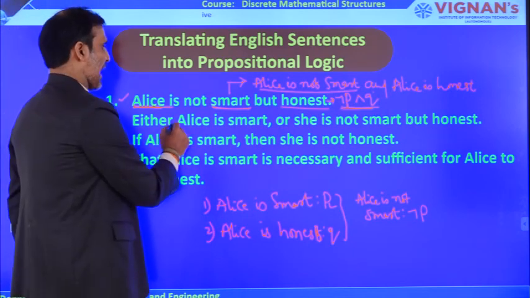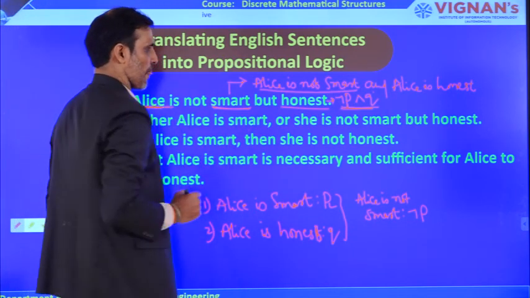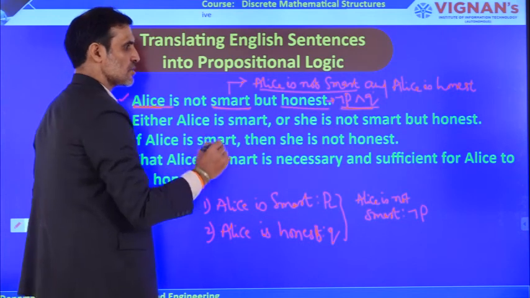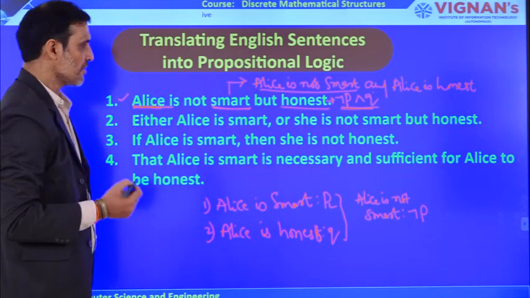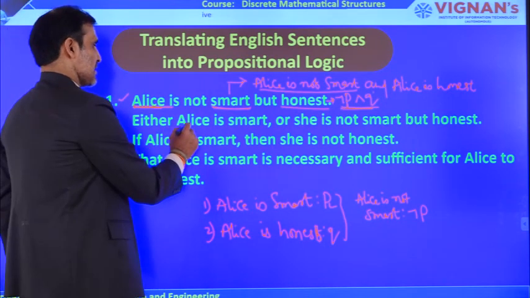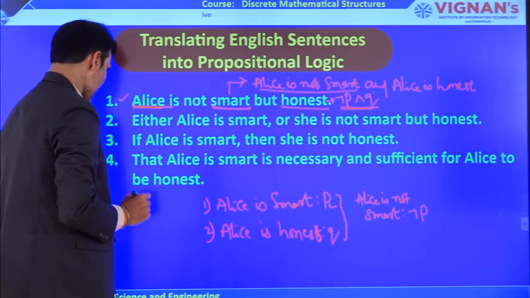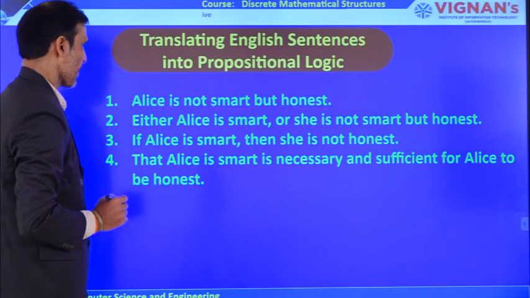Now, the second one: either Alice is smart or she is not smart but honest. How do we convert this?